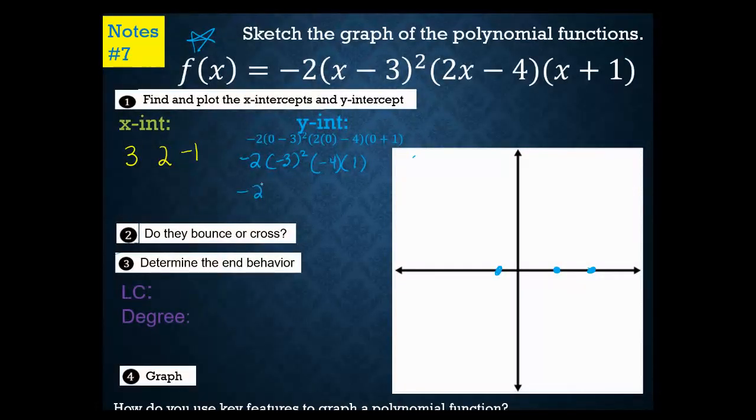So -2 times 9, because -3 squared means -3 times -3, which equals 9, right? And then -4 times 1. The 1 in the back isn't going to make any difference, is it, you guys? Right. Okay. So -2 times 9 is -18 times a -4 is positive 72.